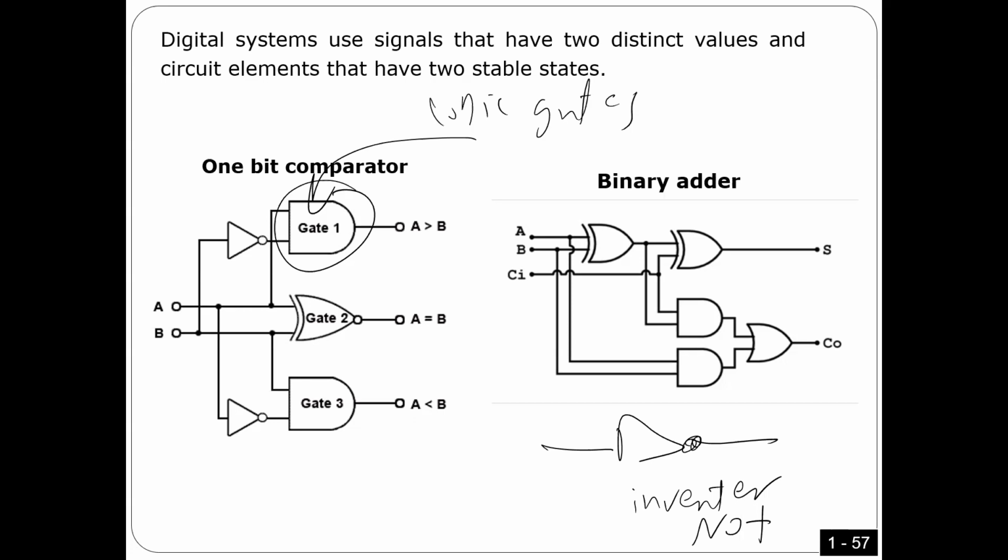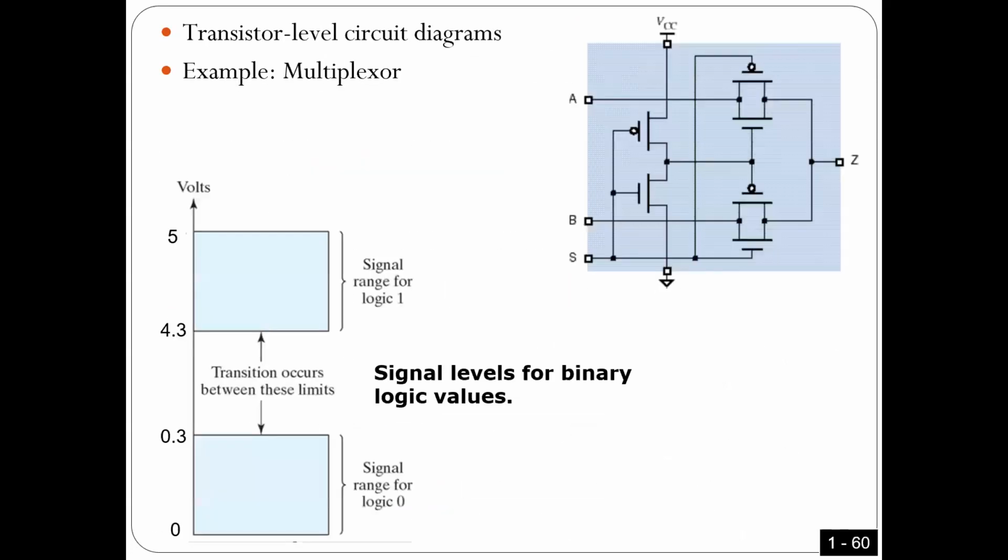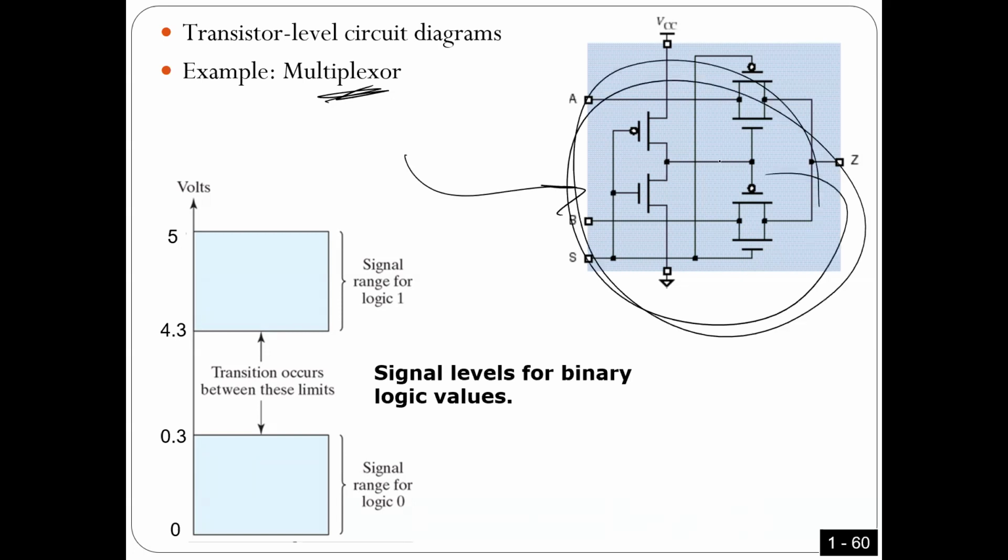For example, a multiplexer. I'm not explaining what a multiplexer is now. I'm going to explain it later, but everything I'm going to teach, like multiplier, adder, or whatever, should have some electronic circuit this way. But this is out of scope of this course. We only are going to focus on the logic part.